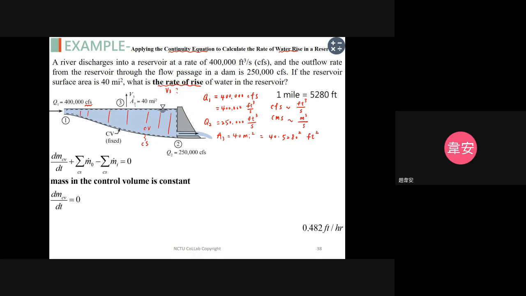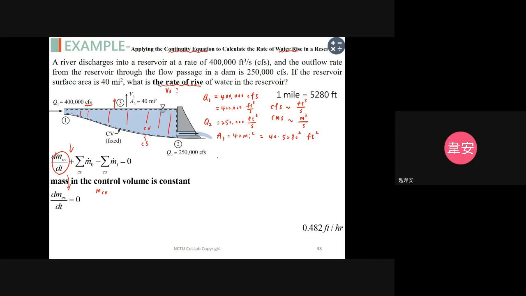And we already told you the water is rising, so the mass in the control volume, MCV, cannot change, because the water is rising up inside the dashed line. So based on the continuity equation shown here, we don't have this item, because the mass in the control volume is always constant.